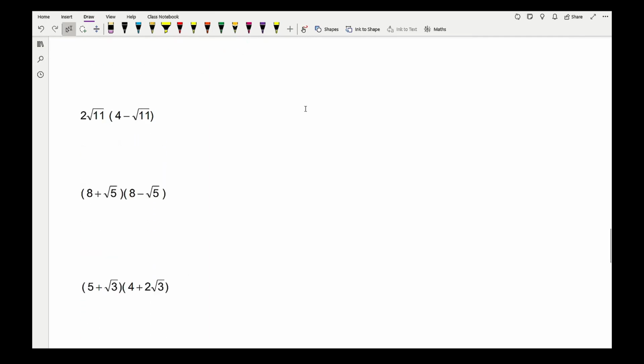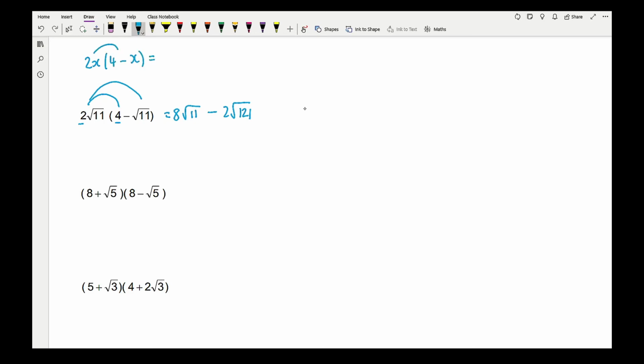So again here I've got a number outside, a whole number there, and I've got the 4, so I can do 2 times 4, which is 8, and I've got root 11, minus, then here I've got 2 and then root 121. So again, how you want to treat this is, if I replaced root 11 with x, then what this question would look like is this.